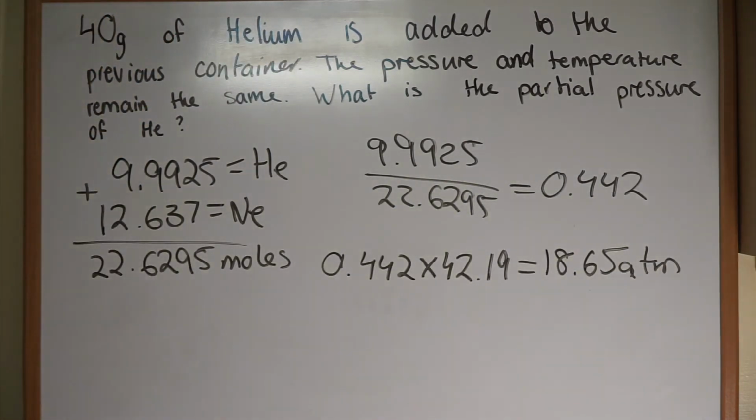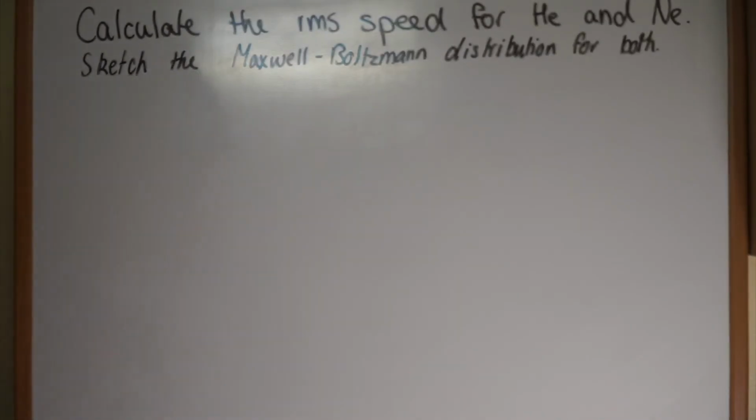Alright, so the next step is to calculate the root mean square speed for the helium and neon and sketch the Maxwell-Boltzmann distribution for both. So we're going to start with the root mean square of neon.